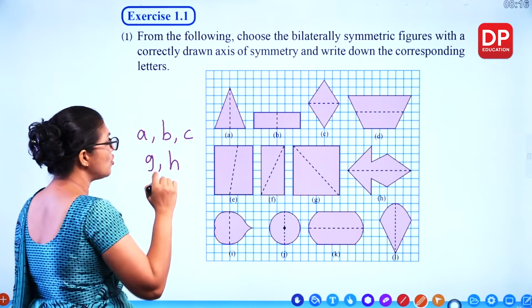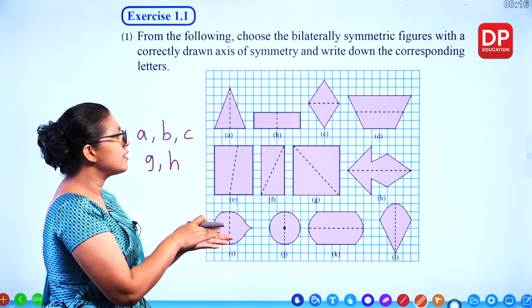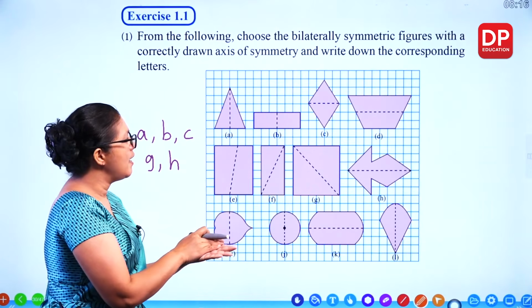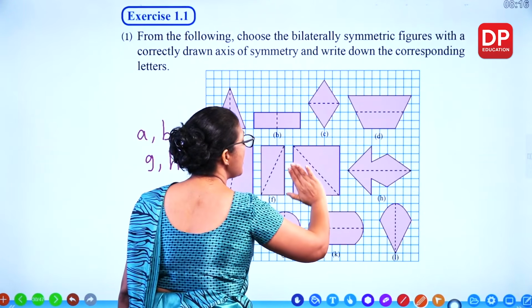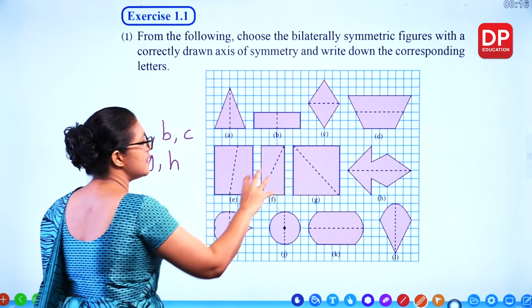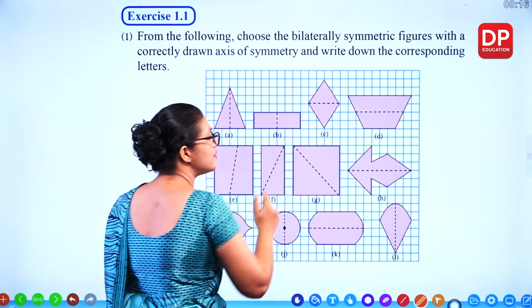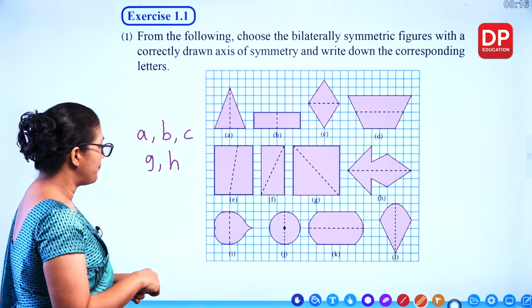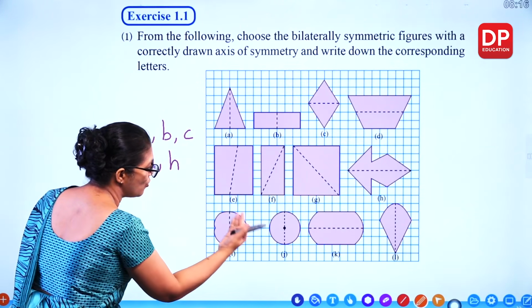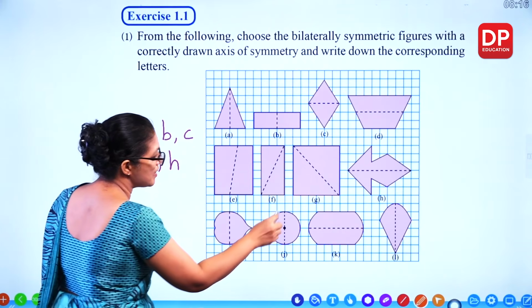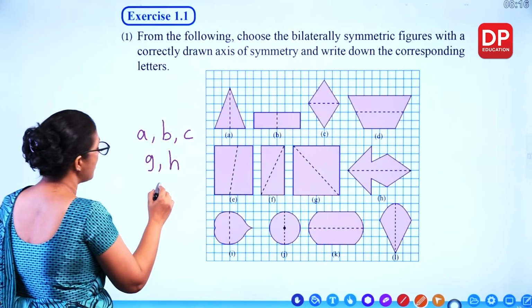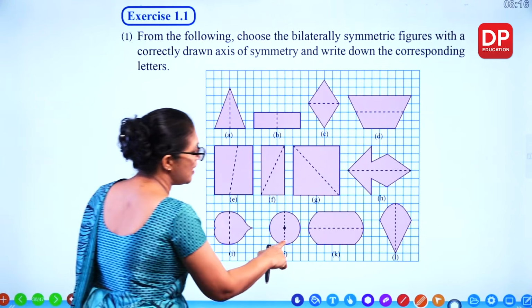So you need to fold along this axis of symmetry if you are getting the same side like the other one. So that means symmetrical. This one, no, you are not getting the same side. But this one, yes, we are getting the same thing.